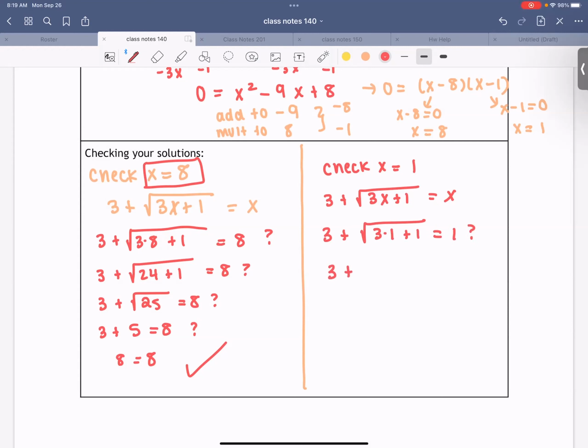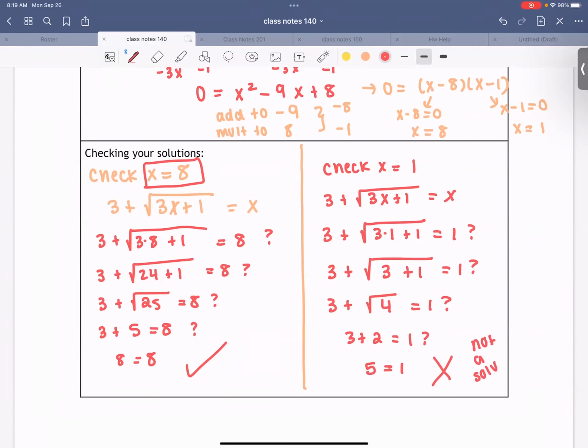We have 3 plus the square root of 3 plus 1 equals 1, question mark. We have 3 plus the square root of 4 equals 1, question mark. 3 plus 2 equals 1. Oh, does 5 equal 1? No, right? So is x equals 1 a solution to my original equation? No, okay, so not a solution.